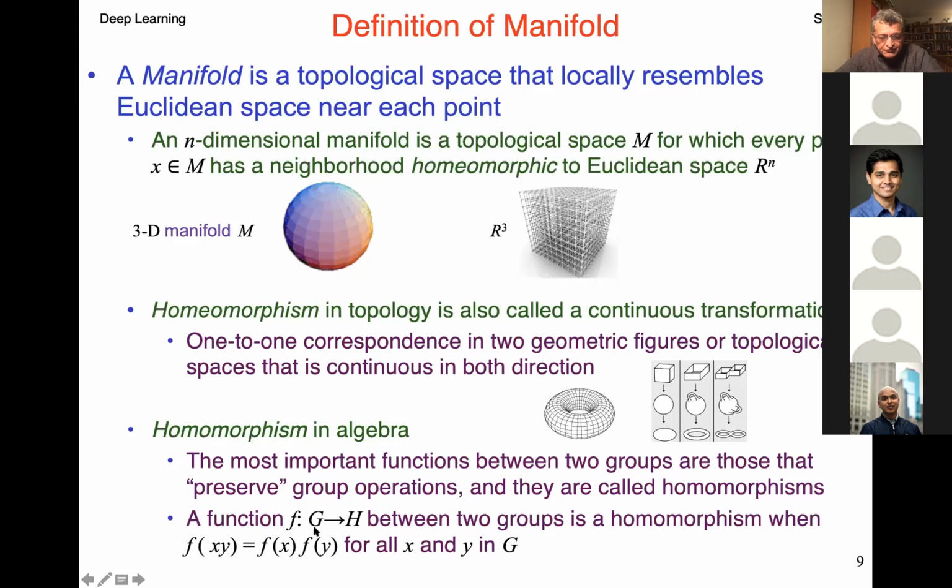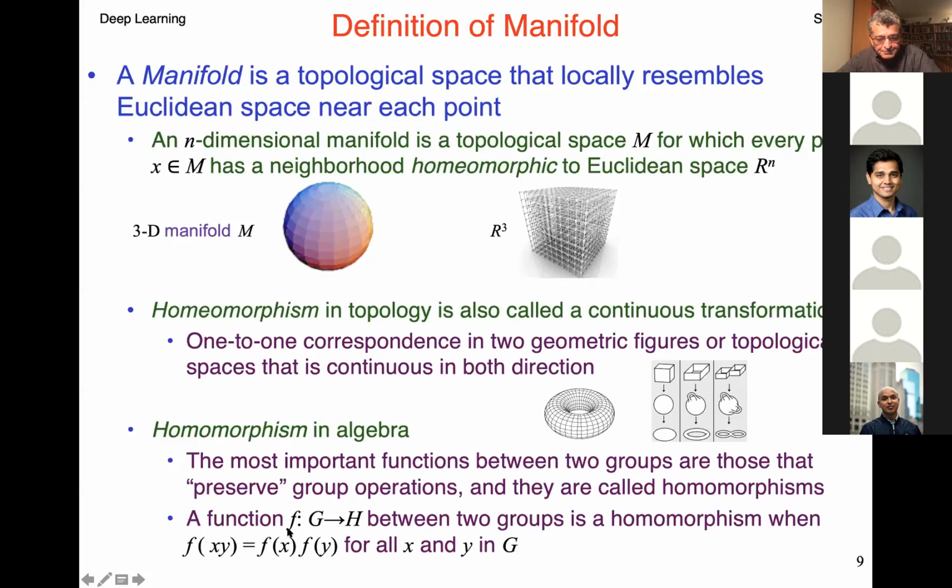A function f from G to H between two groups is a homomorphism when f of xy is equal to f of x times f of y, for all x and y in G. A group has some operation defined over it, so if you multiply or add, what have you.